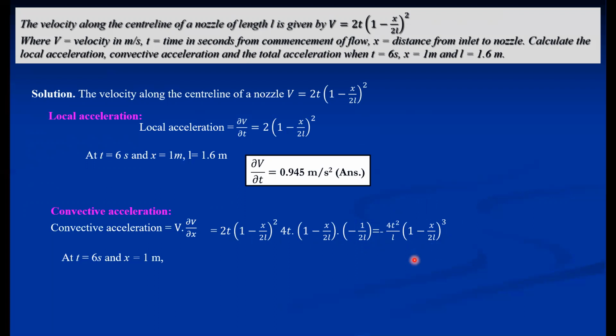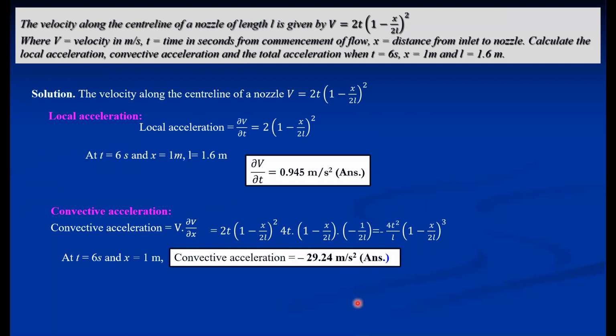Then at t equal to 6 seconds and x equal to 1 meter, we get the convective acceleration, which is negative, towards the negative x direction, that is minus 29.24 meters per second square.